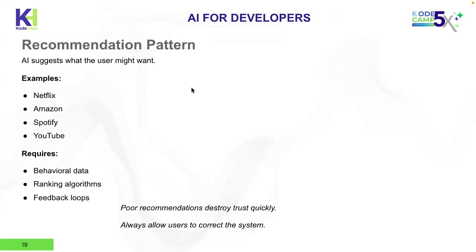Then recommendation pattern, we talked about that already. The AI will suggest what the user might want. I really recommend this. I recommend the recommendation. I recommend the recommender. So I really recommend this for designers. Think about it. How do you implement it?